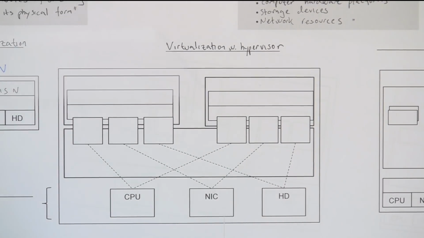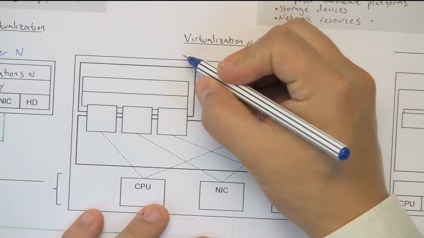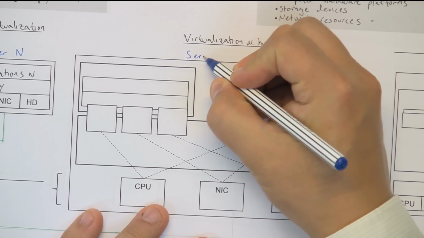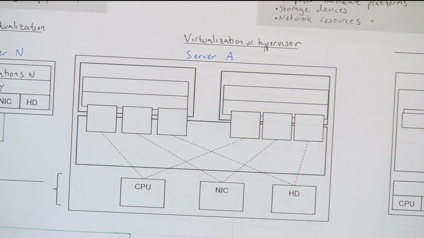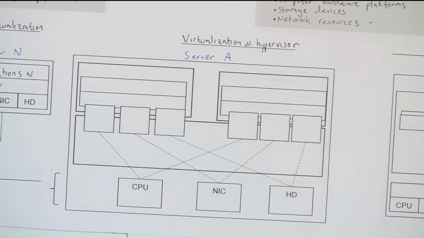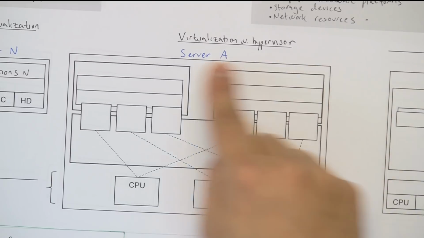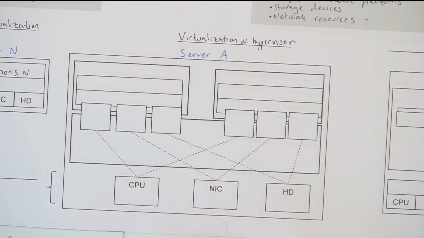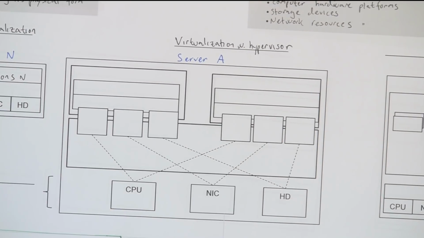First off, this is also a server. I will call this server A. Basically just agree that this big box here is one server. This is not a collection of servers or a data center or something. This is one server.